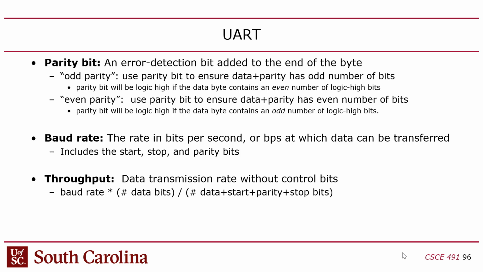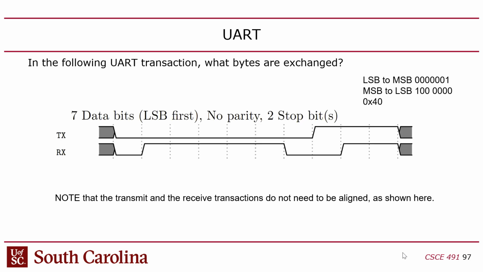But the effective data rate is the baud rate multiplied by how many data bits you have in each transaction. So if there are 8 data bits, but you need the start bit, the stop bit, and the parity bit, there are 11 total bits, right? So the throughput is going to be the baud rate times 8 over 11. Make sense? But the baud is the agreed upon local clock.